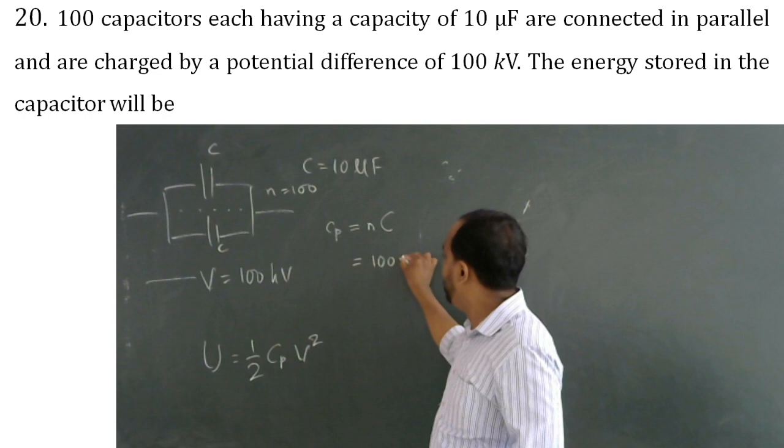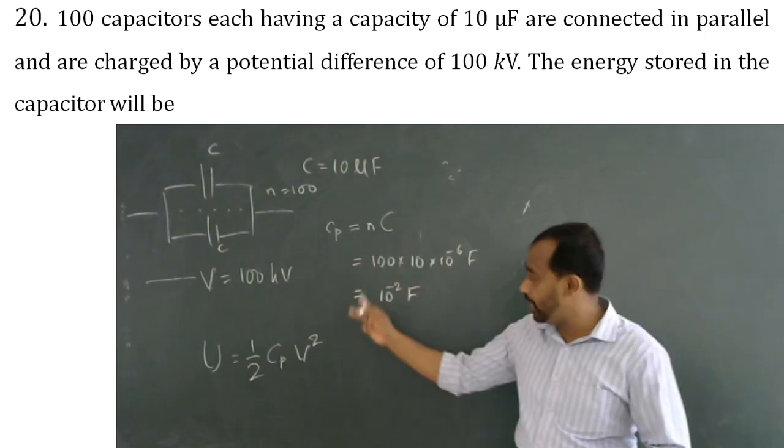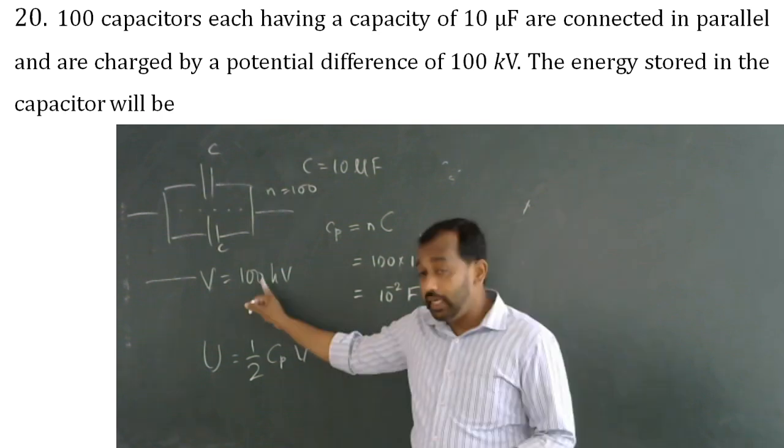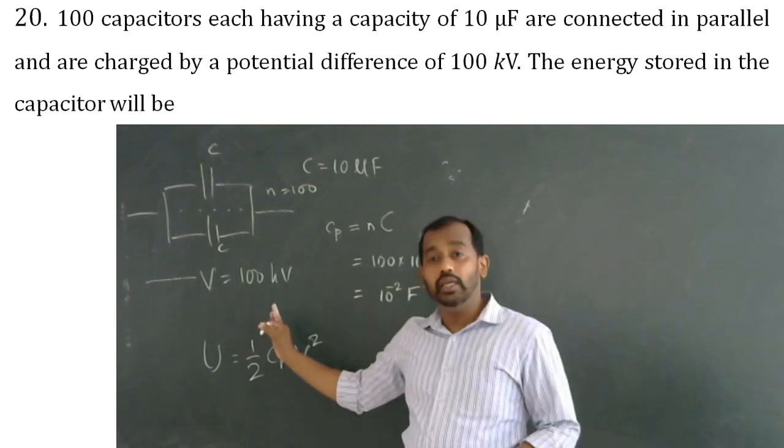Or that will be 100 into 10 raised to 4 into 10 raised to minus 6, which is 10 raised to minus 2 farads. That's the value of Cp. Similarly, V can be expressed in SI units as 100 into 10 raised to 2 into kilo, 10 raised to 3, which will be equal to 10 raised to 5 volt.